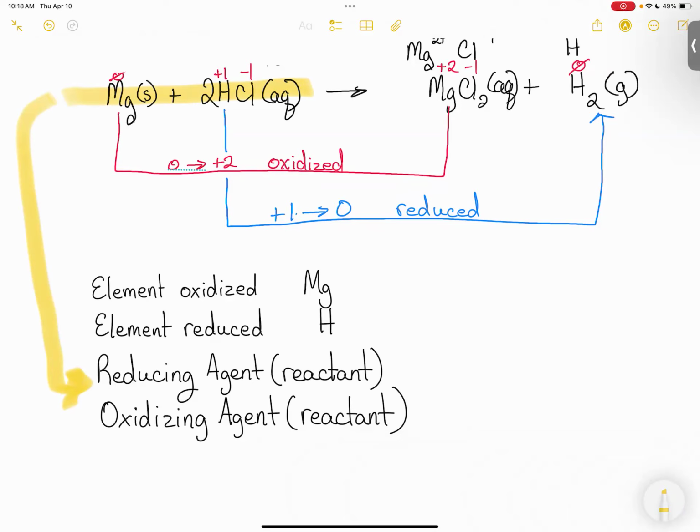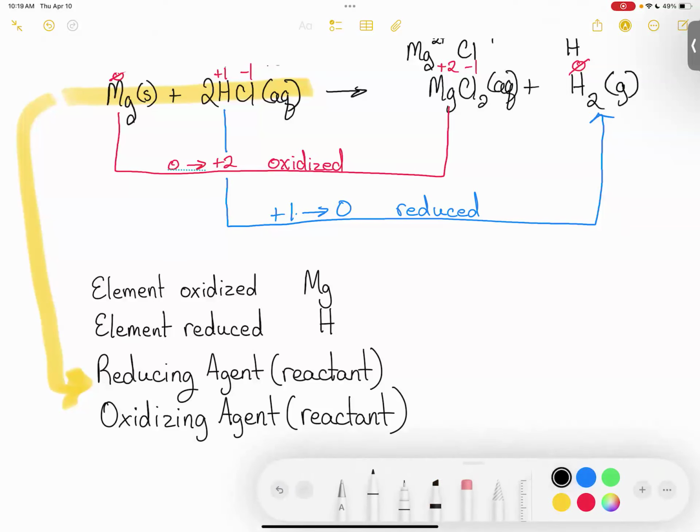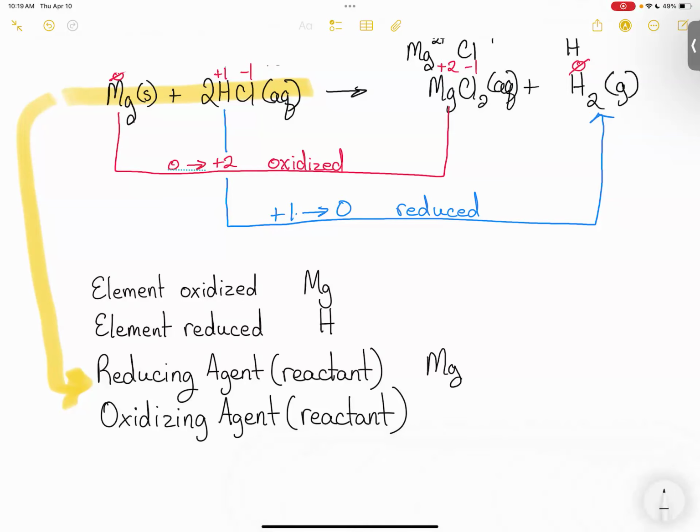Now, the reducing agent contains the element that was oxidized. Who was oxidized? Magnesium. What reactant was magnesium in? Magnesium. The oxidizing agent contains the element that was reduced. What element was reduced?